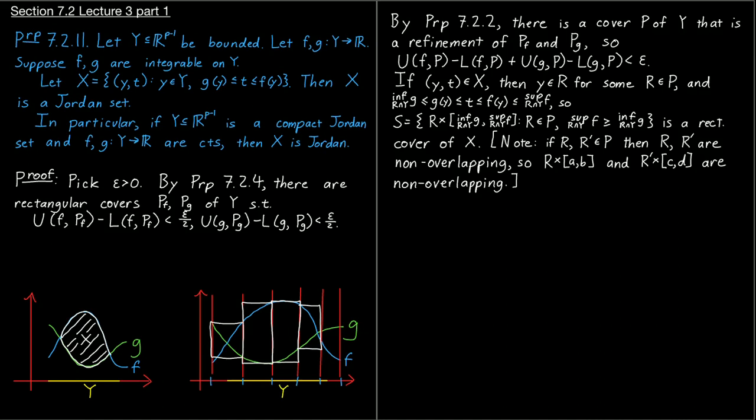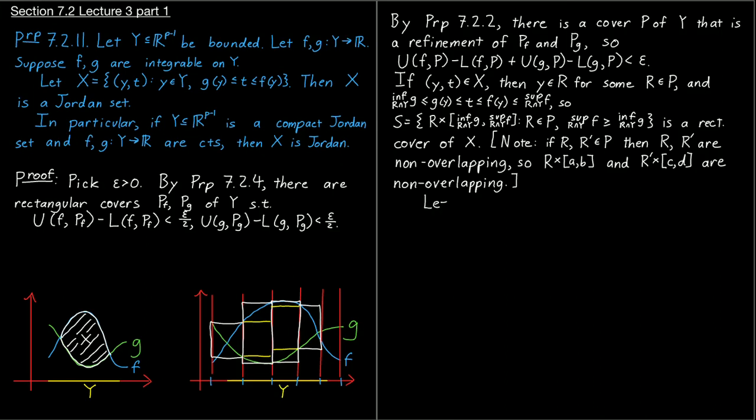Now we are going to need a refinement of S, and this is how that refinement is going to work. On all these rectangles that are contained in Y, we're going to chop off the top bit and the bottom bit. So let me write out what exactly is going on.